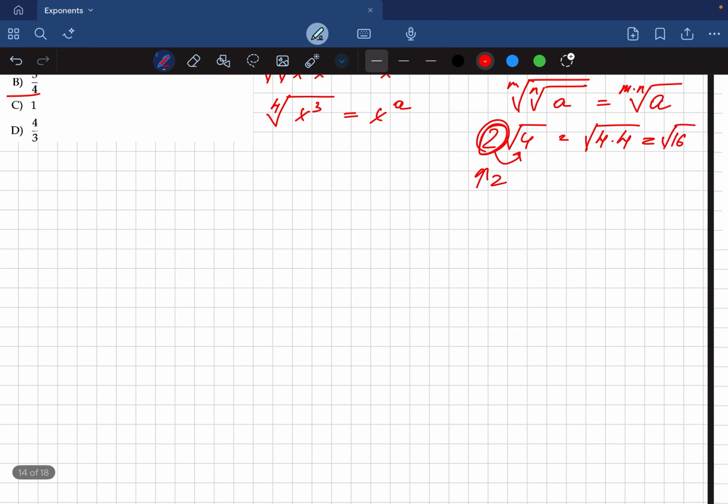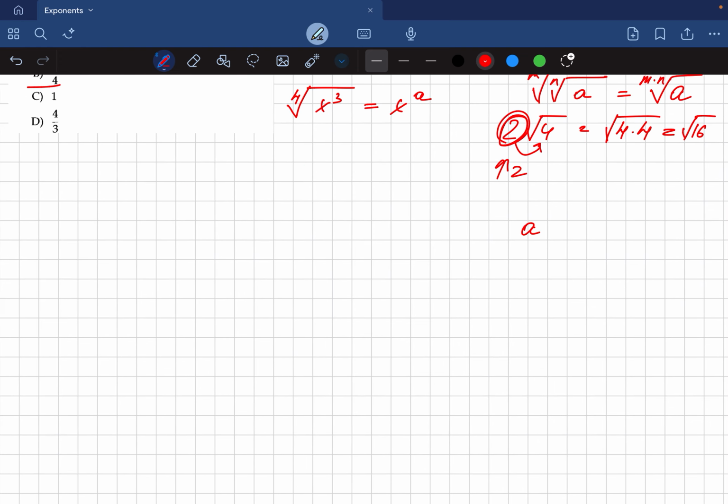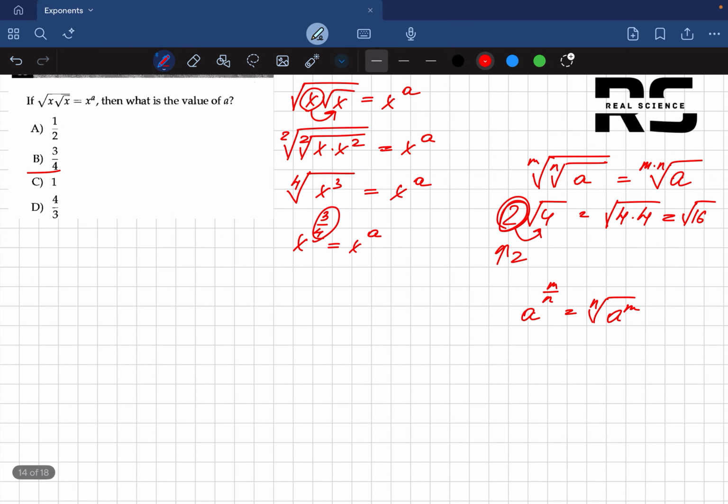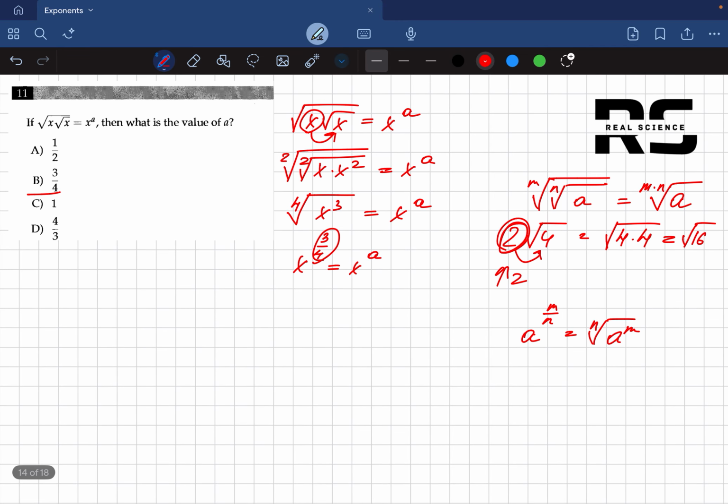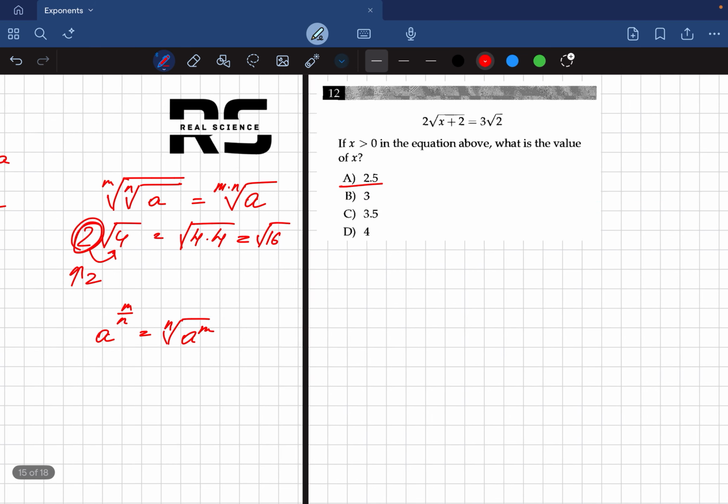And as I've already told you, a to the power of m divided by n is the nth root of a to the power of m. So you can rewrite it as x to the power of 3 over 4 is equal to x to the power of a, which makes a equal to 3 over 4. So the answer is B.